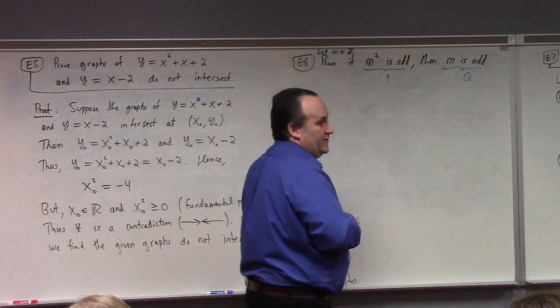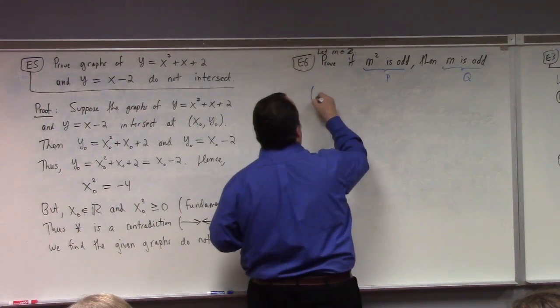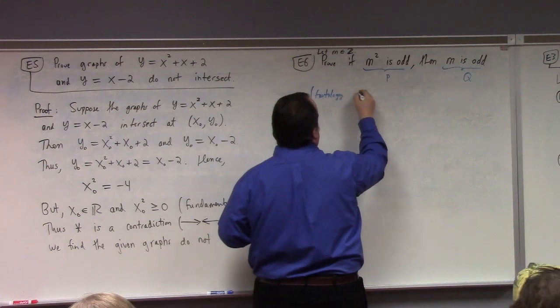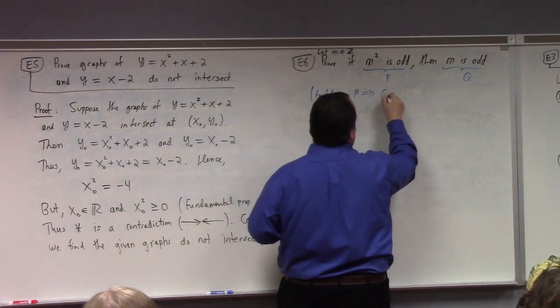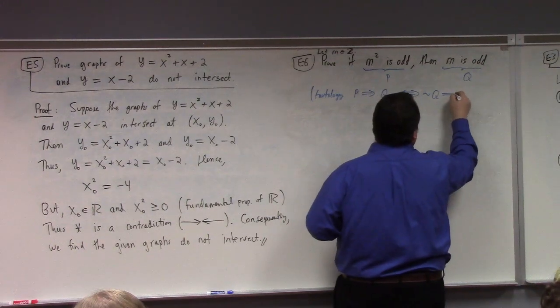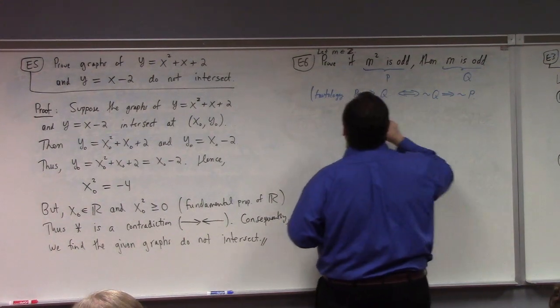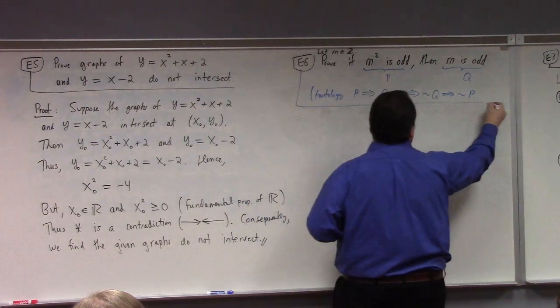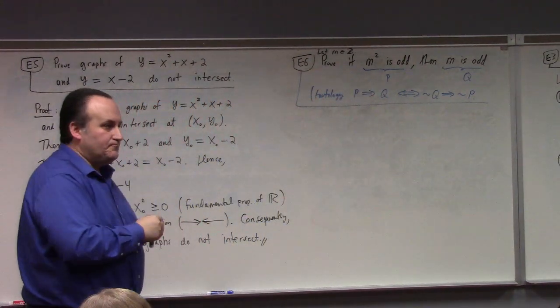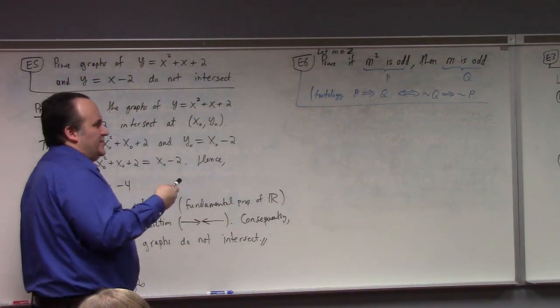If we can show, remember the tautology, P implies Q, we can trade that for what? Not Q implies not P. And so if we want to find a proof of this assertion by contraposition.